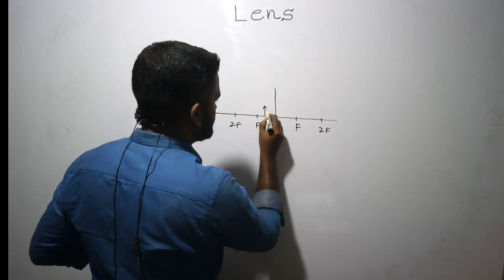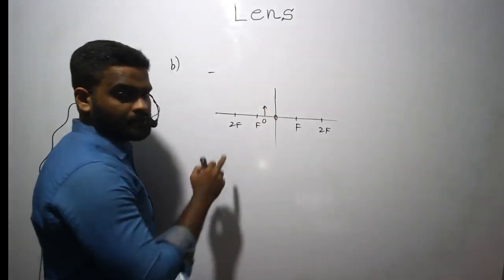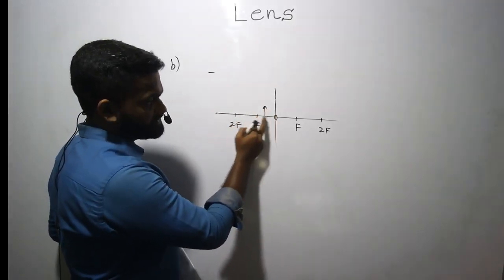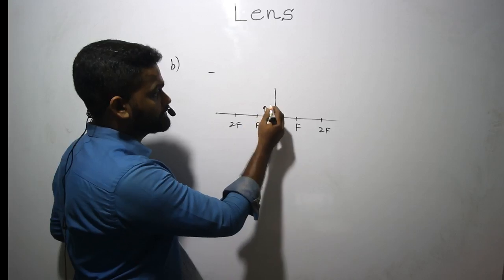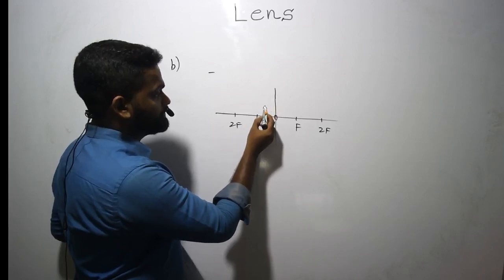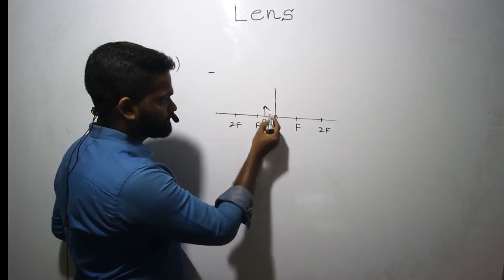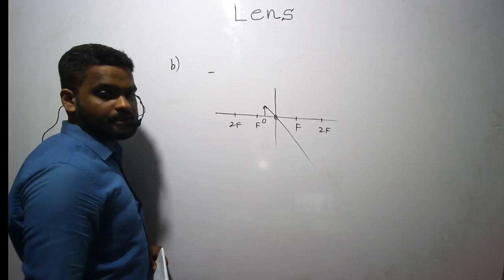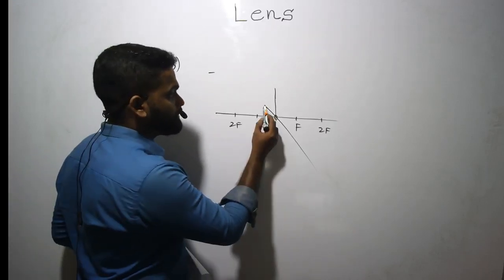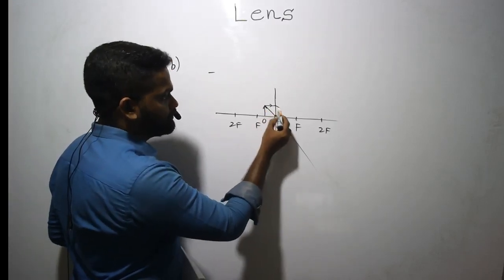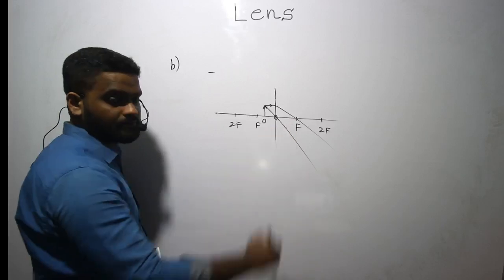Then you place the object within focal length, means this is focal length, so it is within, right? Then we draw two rays. One ray going through the optical center, another ray parallel to the principal axis, which goes through capital F.